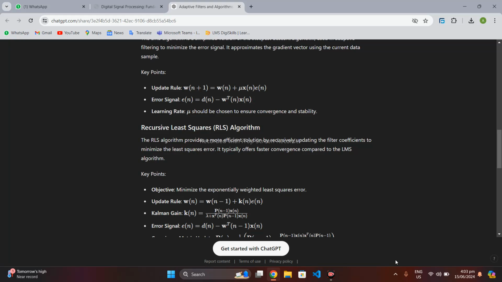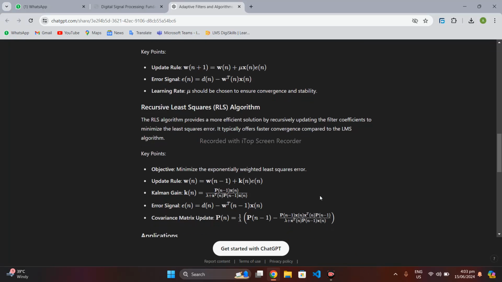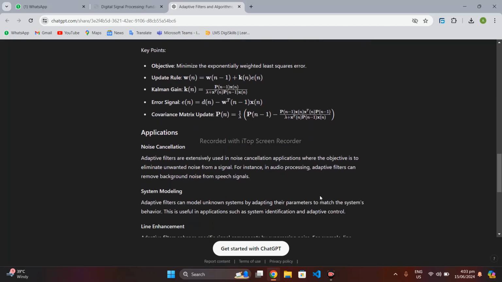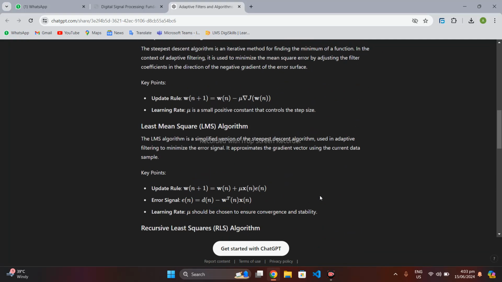The third one is the Kalman gain, k(n) is equal to P(n-1) x(n) over lambda plus x transpose(n) P(n-1) x(n). The next one is the error signal, e(n) is equal to d(n) minus w transpose(n-1) x(n). The last one is the covariance matrix update.